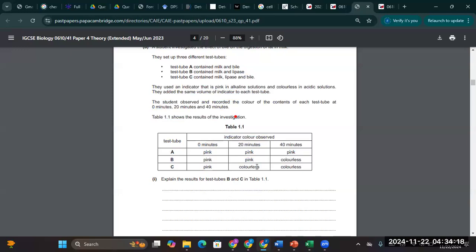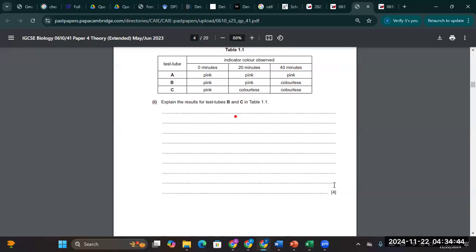When you break down large lipid particles into smaller particles, there is greater surface area available. Greater surface area available means that the enzyme will be able to work faster, and hence the digestion of fat happens in 20 minutes as opposed to 40 minutes. Right? Is that making sense? Yes. Okay, perfect.